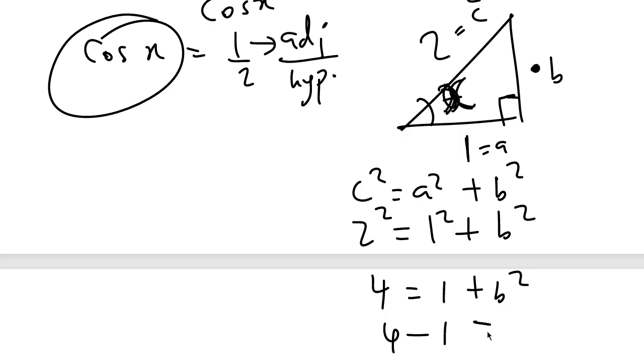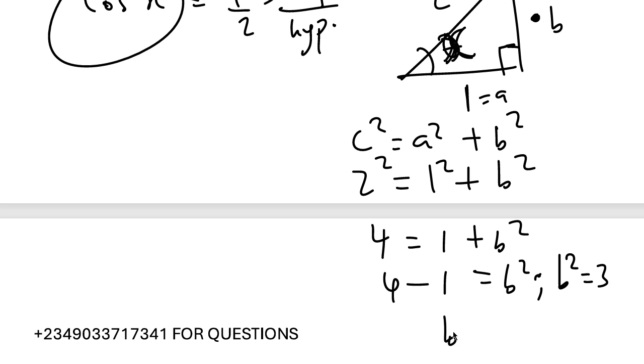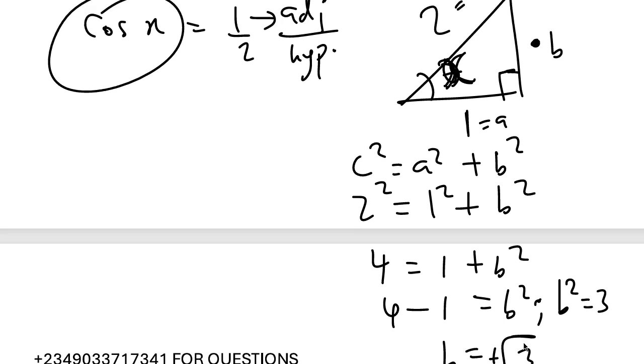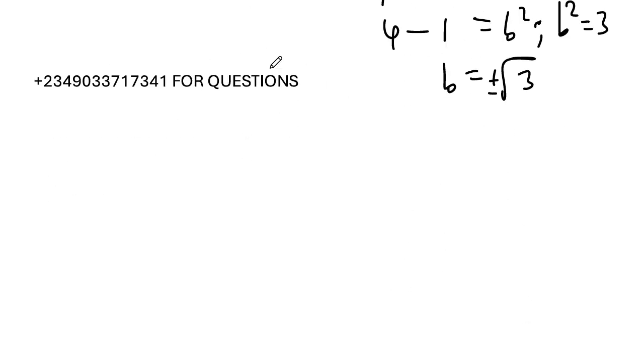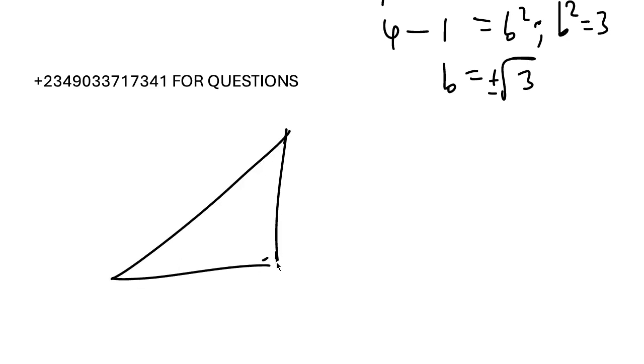That's 4 minus 1 is equal to b squared, and that means that b squared is equal to 3. That means b is the square root of 3, plus or negative. Since it's length, we take just the positive root 3. So what we then have now is 2, 1, root 3.